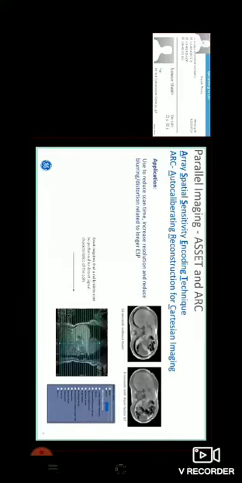So how does this artifact occur? Suppose it's a brain imaging. Why is this posterior anatomy coming anterior and this anatomy coming here? This is the phase encoding, 0 to 360 degrees.